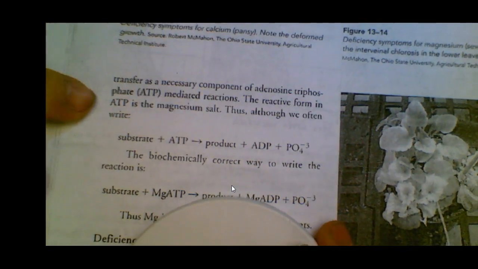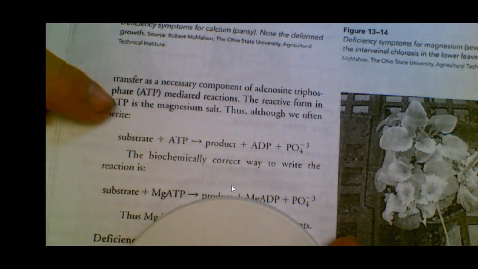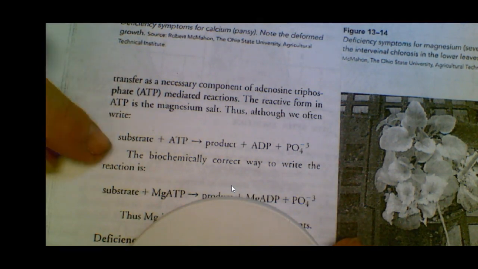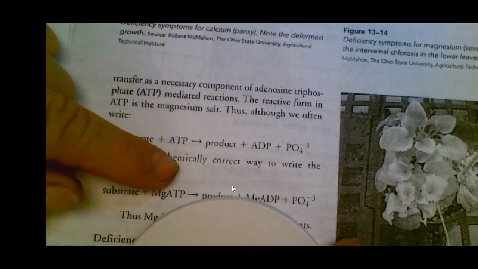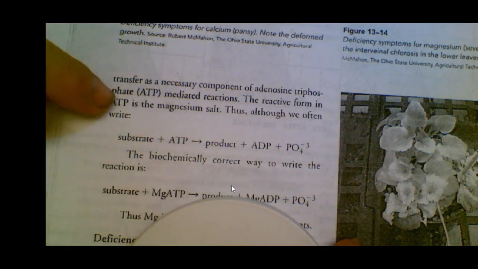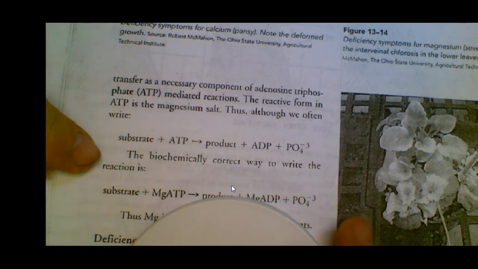So basically, it's a necessary component of ATP. And if we look at the formula here, it says the reactive form in ATP is the magnesium salt. So usually a substrate plus ATP gives you a product plus ADP plus PO4 3 minus.